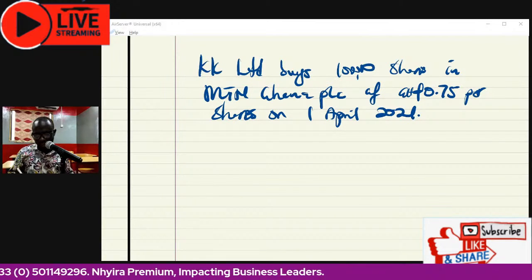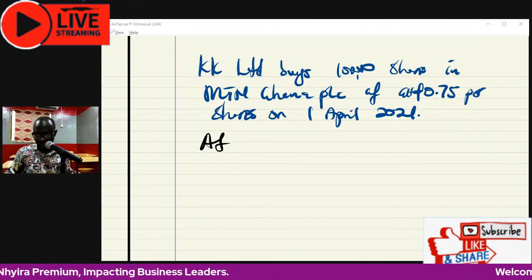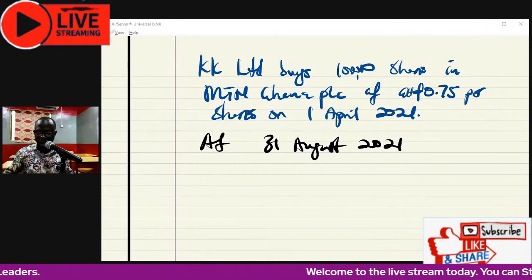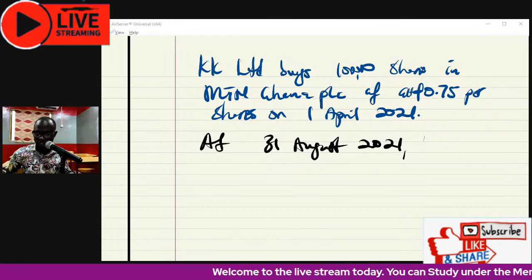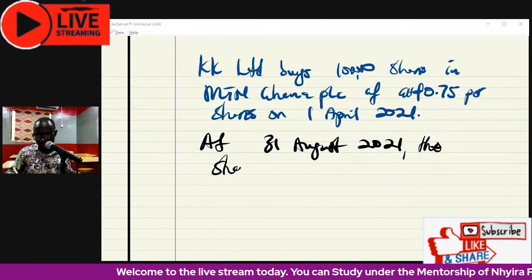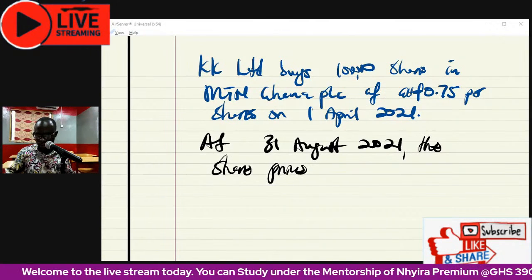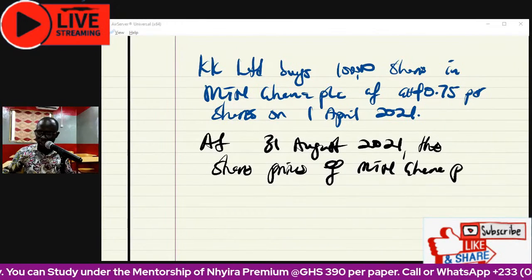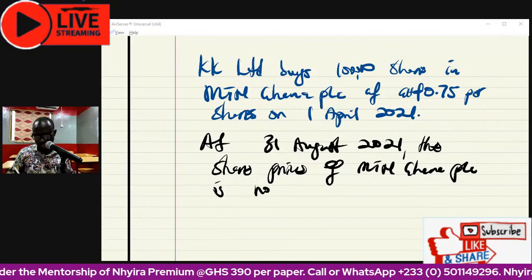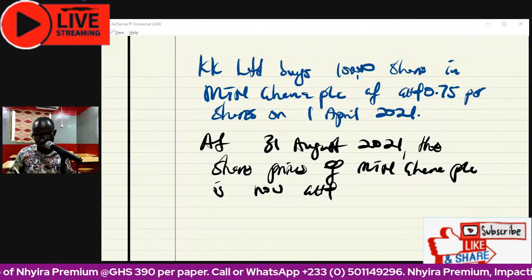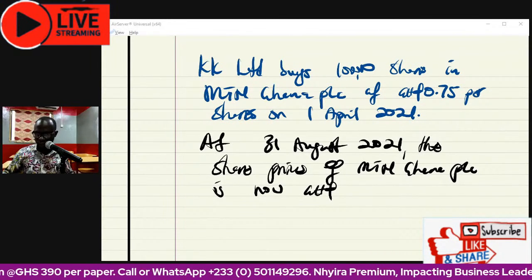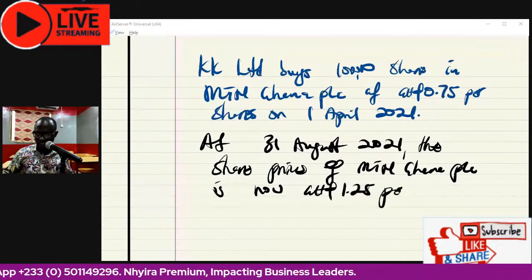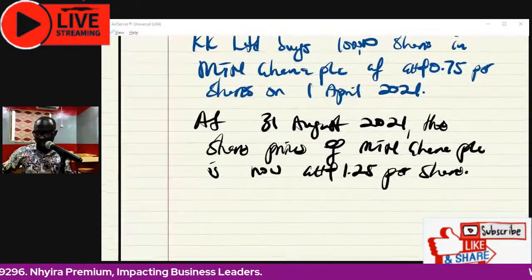But then at 31st August 2021, that is the year end of the company, the share price of MTN Ghana PLC is now 1.25 Ghana cedis per share. Please know these are just examples, okay? That doesn't mean that's the current trading price.